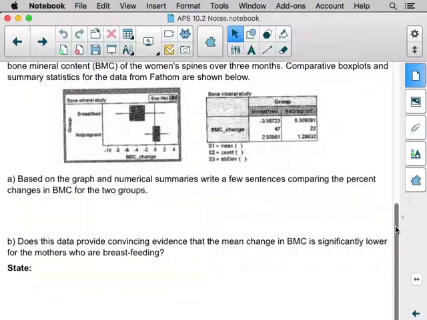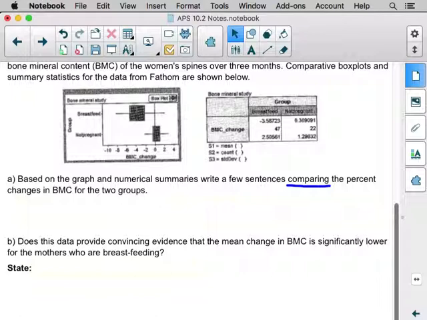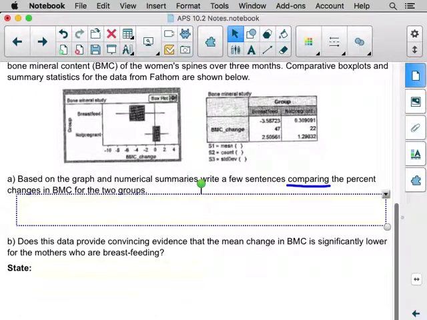Based on the graph and numerical summaries, write a few sentences comparing the percent changes in BMC for the two groups. So we're comparing two distributions. What pieces do we compare? SOCS. All right, and again, the cool thing is you have graphical displays already to guide that conversation.